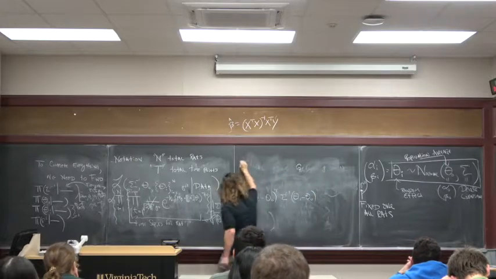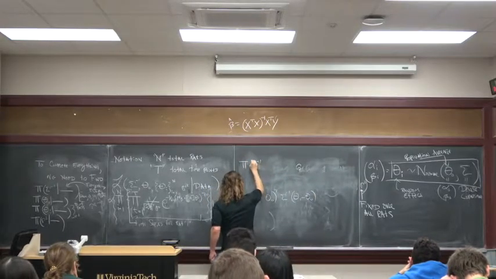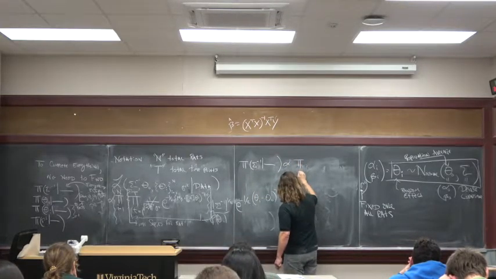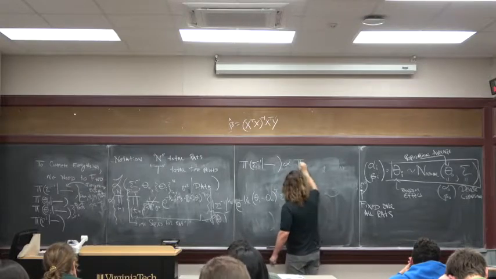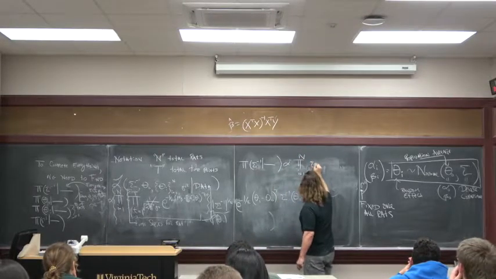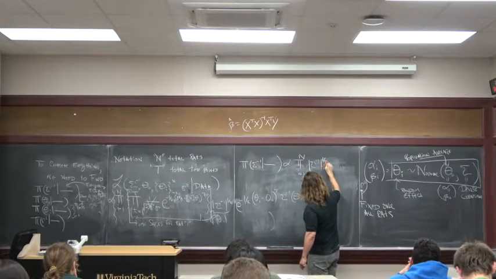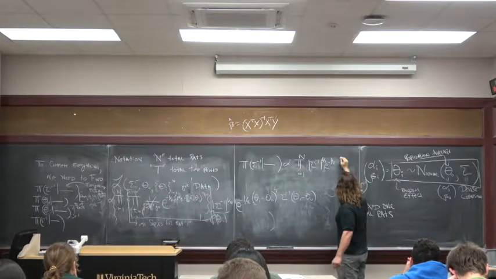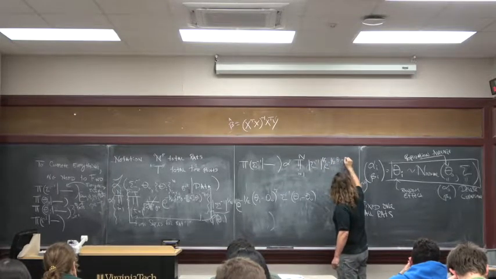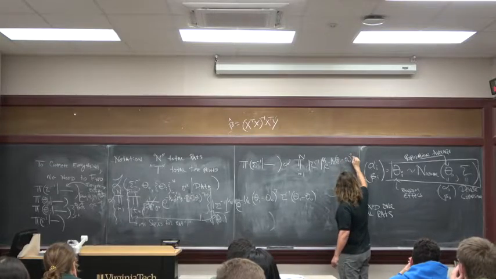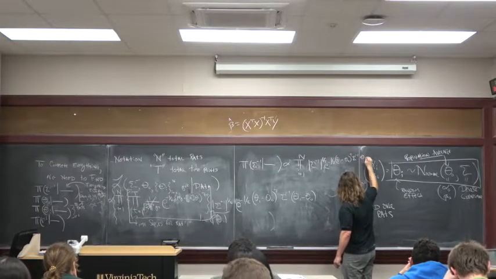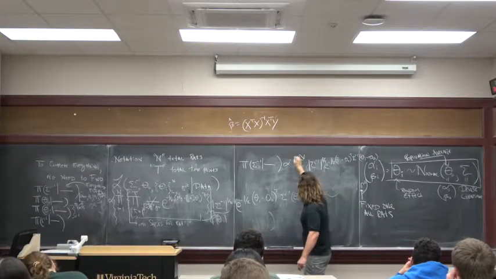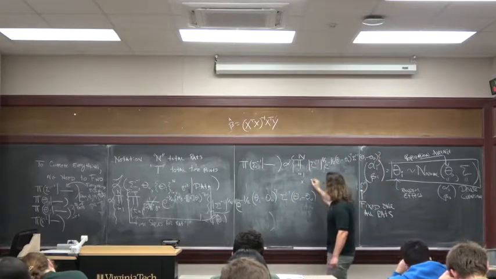So let's just write it down. Pi of sigma inverse, given everything else, is going to be proportional to the product over i from 1 to n of sigma inverse to the 1/2 e to the minus 1/2 theta i minus theta naught transpose sigma inverse theta i minus theta naught, times our prior.